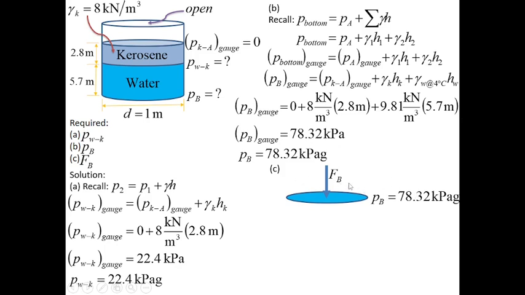That force is a normal force, okay? And the diameter of the tank is 1 meter. So this is now the diameter of the tank. And since the diameter is considered, therefore this is circular, and we have a circular area.